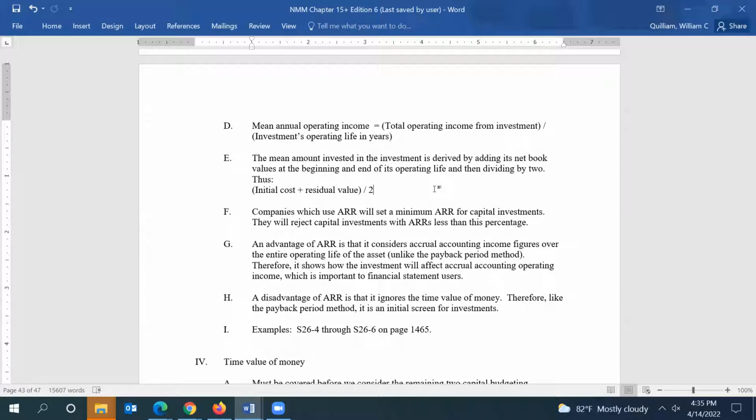By the way, book value, you probably recall from financial accounting, means original cost minus accumulated depreciation. So we'll take the initial cost of the investment, add any residual value there may be at the end of that asset's useful life, and divide by 2. That's all.